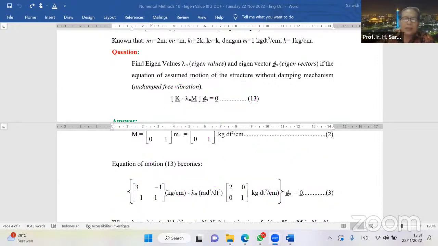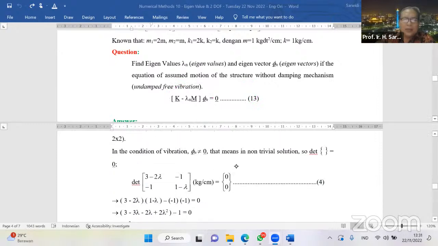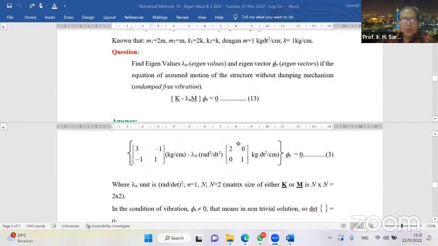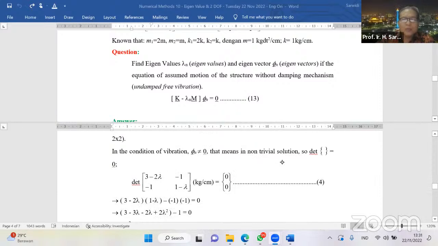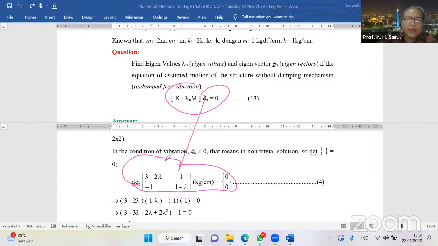Okay, and then next, put together equation 13 here and solve it. If you have 0 here, it means you have to find the determinant. You have to have the value of the determinant of this.